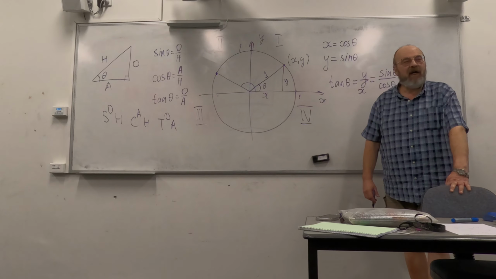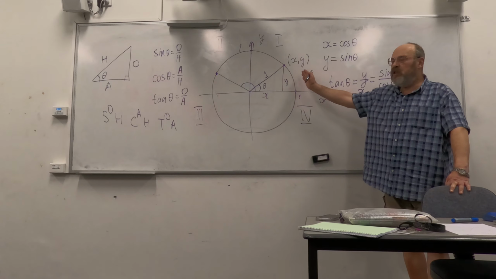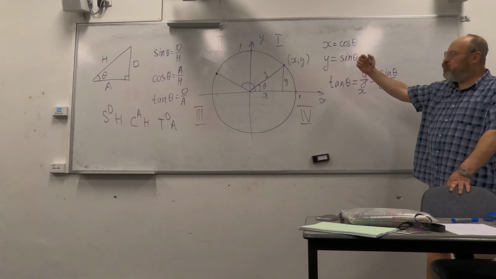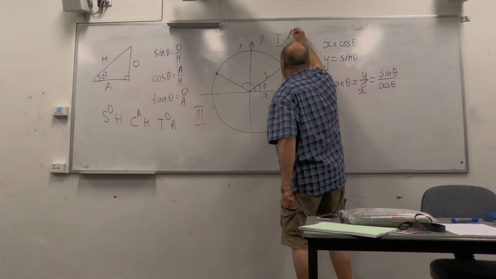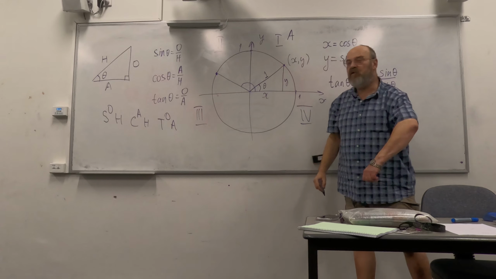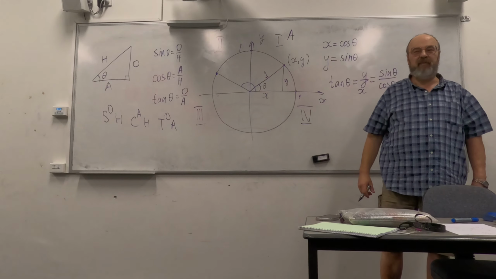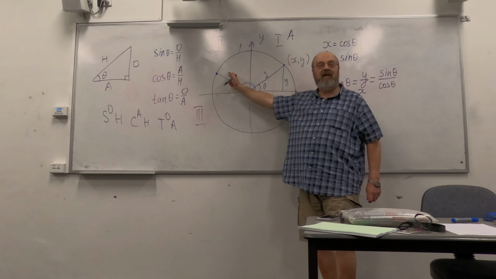So, in the first quadrant, x is positive, y is positive. So sine positive, cos positive, and so tan will be positive. So all are positive in the first quadrant. Second quadrant. Here, is x positive or negative? Negative. Y? Positive.